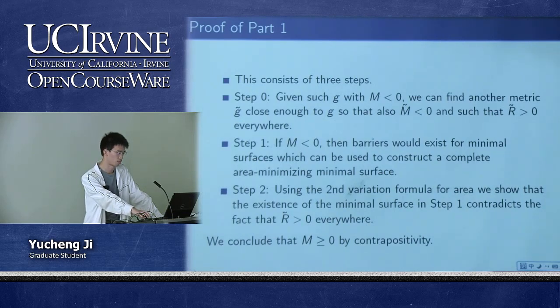It can be used to construct a complete area minimizing minimal surface, and then use the second variation formula for area. You can show that the minimal surface in step 1 contradicts the fact that the R tilde is everywhere positive. Then they can conclude that M is positive.